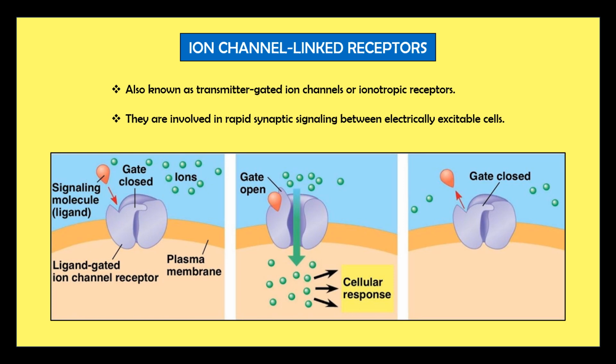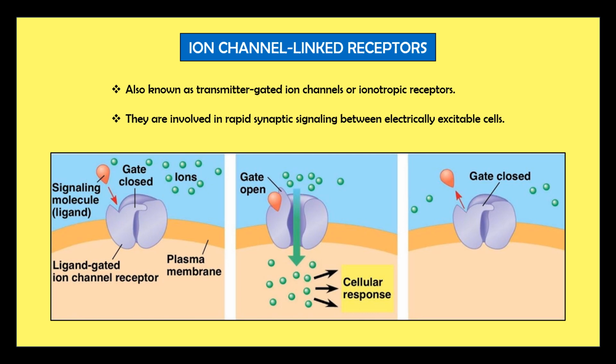The ion channel linked receptors belong to a large family of homologous multipass transmembrane proteins. And here you can see that when the signaling molecule, the ligand, that is some neurotransmitters, bind to the ligand gated ion channel receptor, previously the gate remains closed, which does not allow the passage of ions from the extracellular membrane to the intracellular membrane.